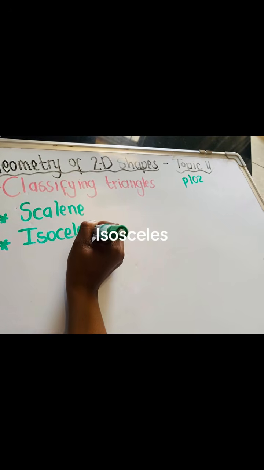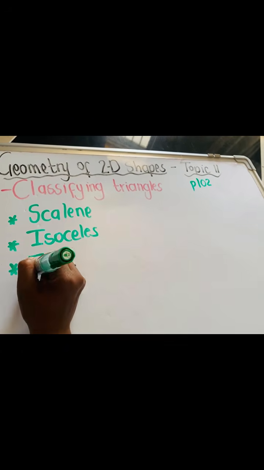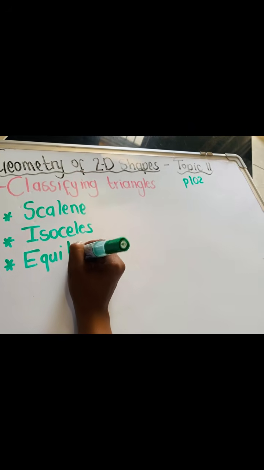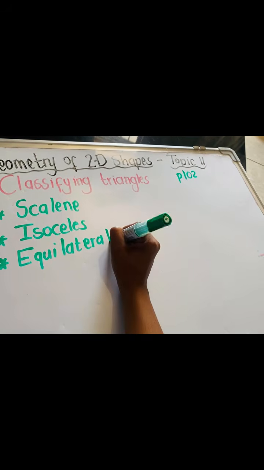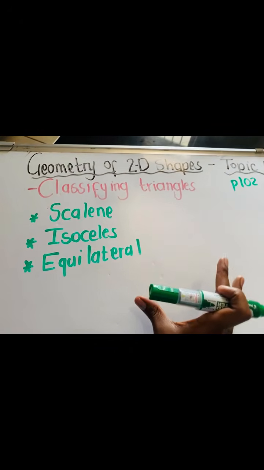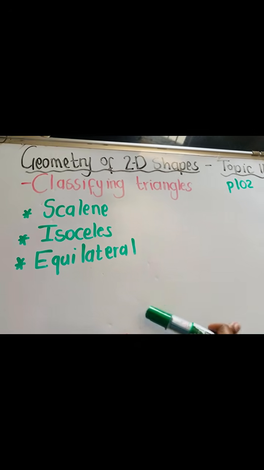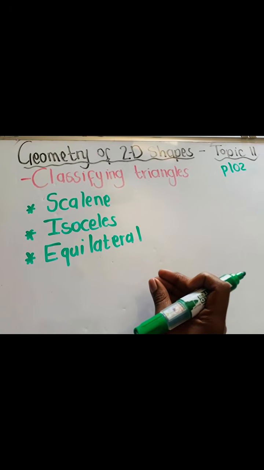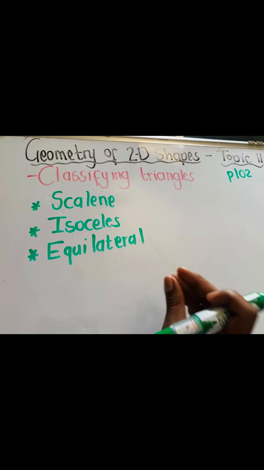And the third one is called an equilateral triangle. Right, so we have these three types of triangles, and it's very important that we understand that they have properties. So we're going to talk about the properties with regards to their sides and also their angles.